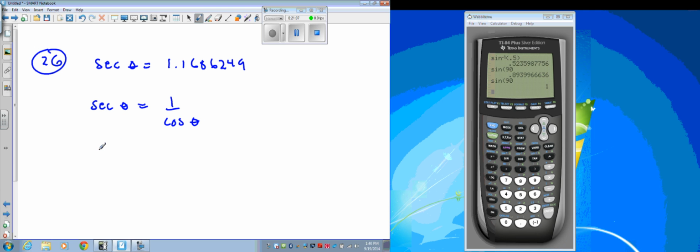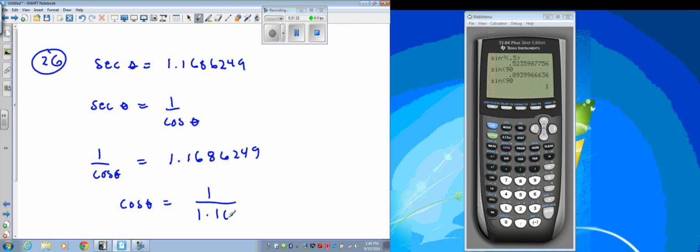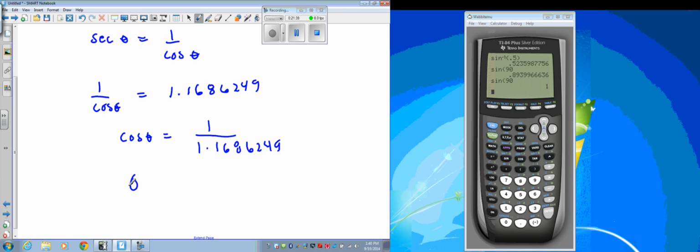So what you do is you put 1 over cosine theta equal to 1.1606249. So then you have to invert this, and that means you invert this side too. So cosine theta is equal to 1 over 1.1606249.